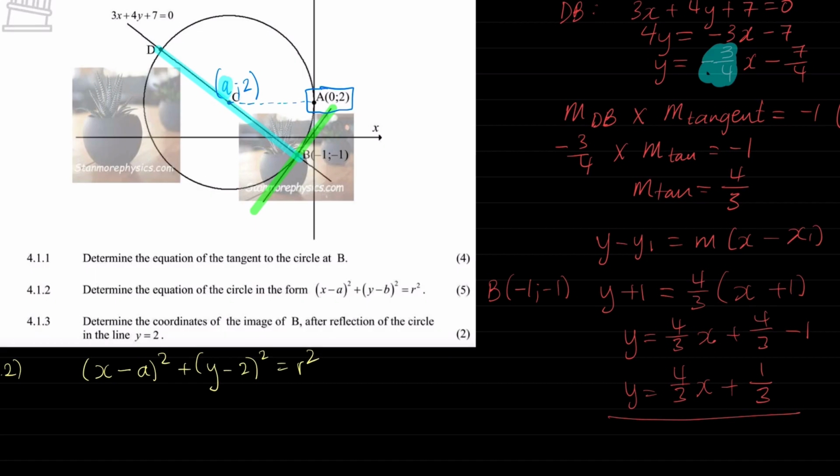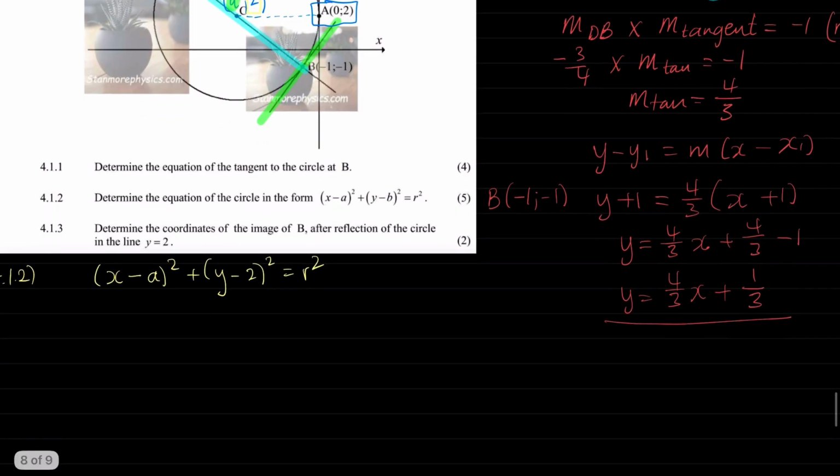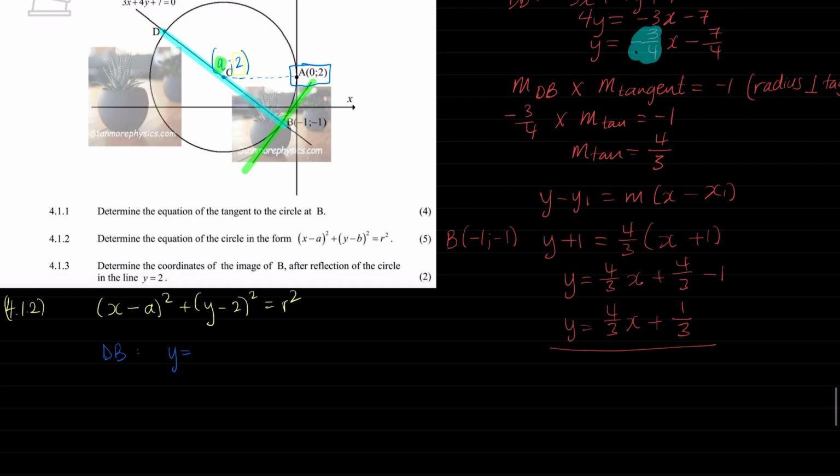Since the point C lies on the line DB, if I substitute y equals 2 in the equation of the line, I can get the x coordinate. So the equation of the line DB, we worked that out, is y equals minus 3 over 4 x minus 7 over 4.